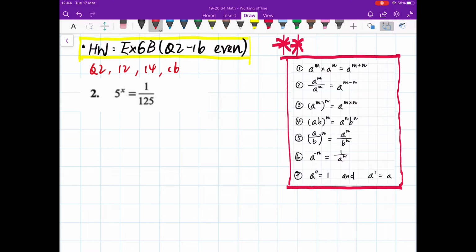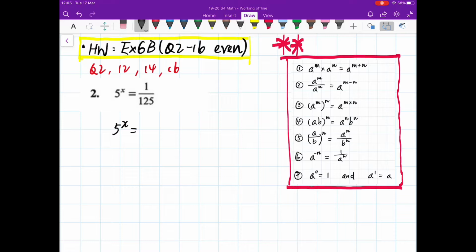So for question 2, 5 to the power x equals to 1 over 125. Okay, so when we are solving exponential equations, we always think of a common base. So for the left hand side, we don't have to change anything, so it keeps at 5 to the power x.